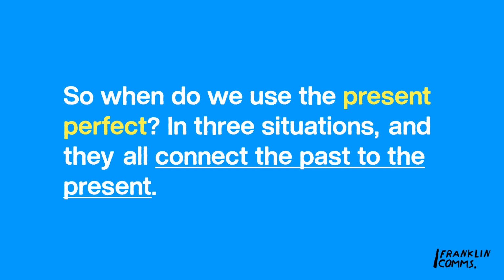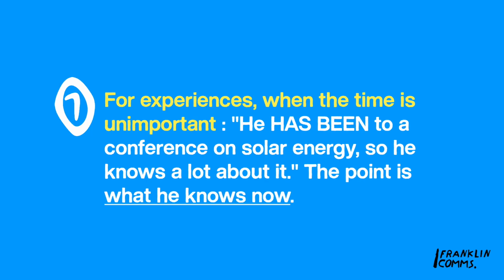So when do we use the present perfect? In 3 situations, and they all connect the past to the present. For experiences, when the time is unimportant: he has been to a conference on solar energy, so he knows a lot about it. The point is what he knows now.